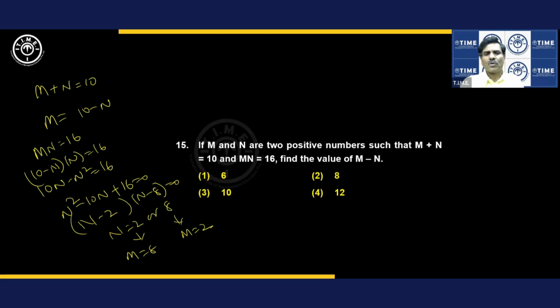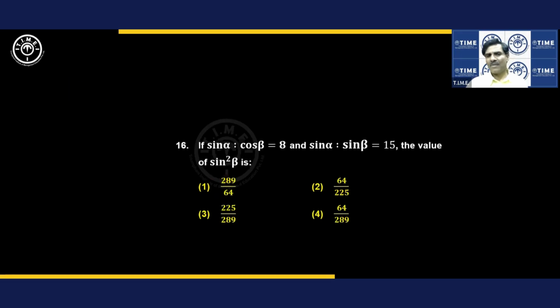So the answer, one of them mentioned in the choices, is 6. The other way of answering the question: the sum of two numbers is 10 and their product is 16. The only possibility is 8 twos are 16, and 8 plus 2 is 10. So m should be 8, n should be 2, to get m minus n as 8 minus 2, 6 directly. Let's move on to the next one.